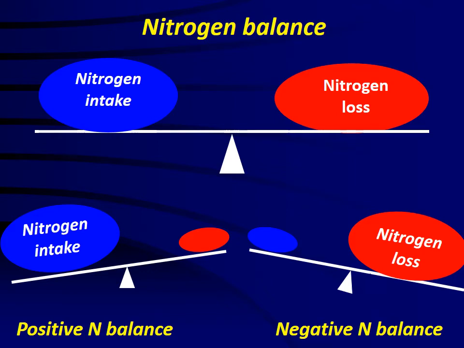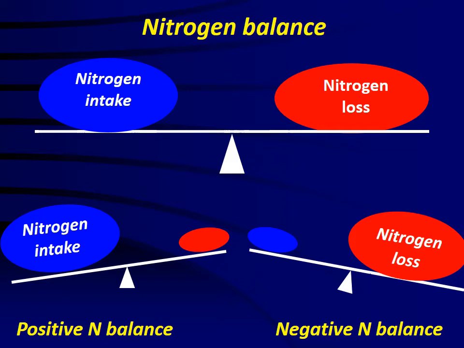If the nitrogen intake is equal to nitrogen loss, it is said to be nitrogen equilibrium or nitrogen balance. If the nitrogen intake is greater than nitrogen loss, it is referred to as positive nitrogen balance.